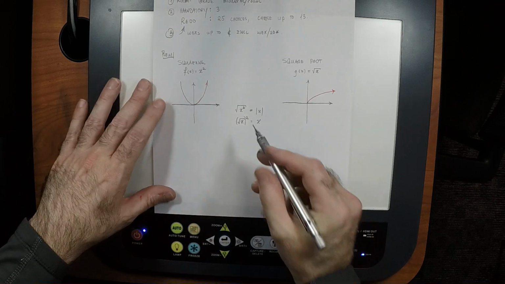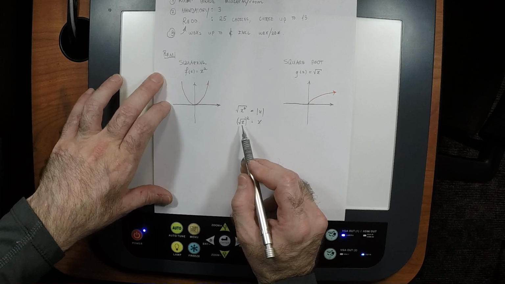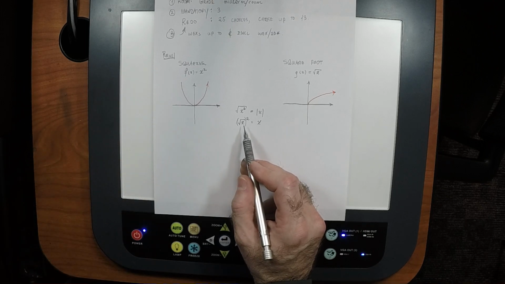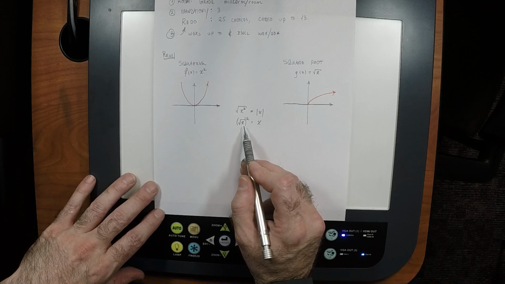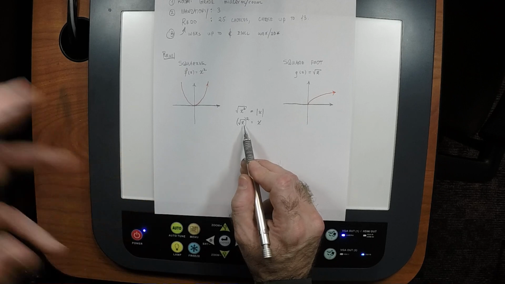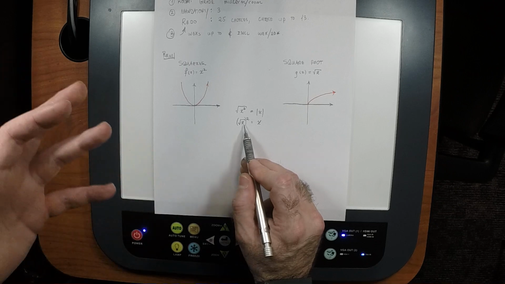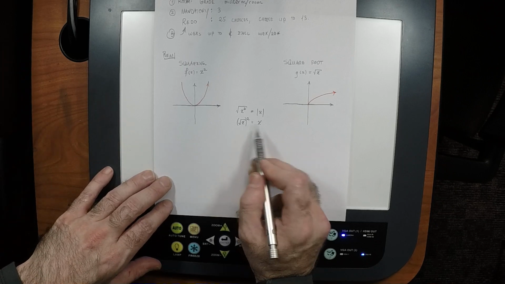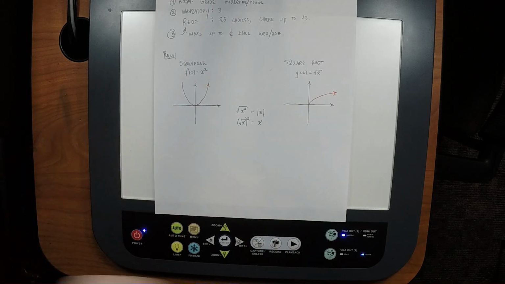Well, the reason why absolute value is not necessary here is because the square root is being computed first. So what needs to be true about x? It has to be greater or equal to 0. Otherwise, you couldn't even get started. As a result, you could write an absolute value there, but it would be superfluous because from the outset, x was greater or equal to 0, so absolute value is not necessary.